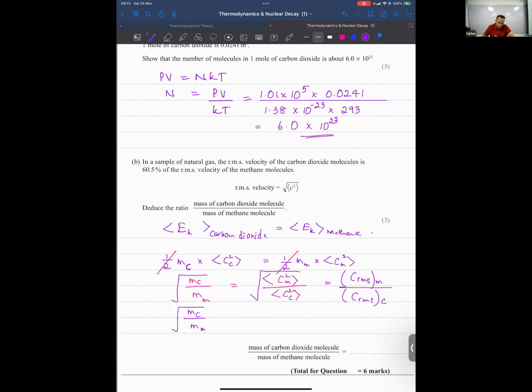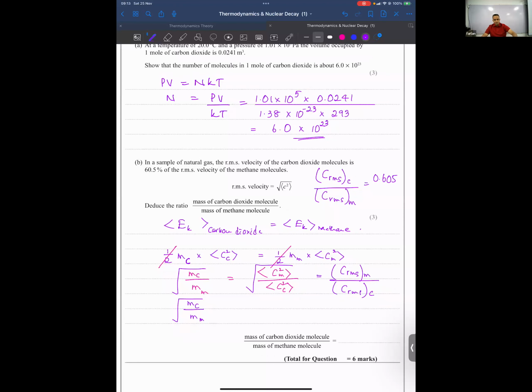RMS velocity of carbon dioxide is 60.5% of the RMS velocity of methane. So what they have told is c_RMS of carbon dioxide over c_RMS of methane is 60.5%, which is 0.605.